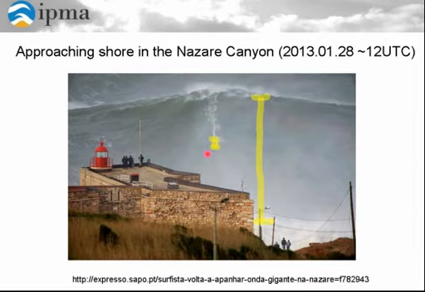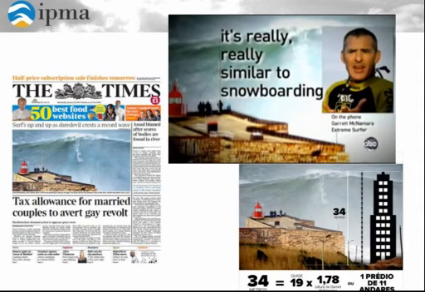Of course, it had a strong impact not only in the Portuguese media, in Portuguese newspapers and TVs, but also around the world. As you can see, the ABC channel, and also this photo appeared on the first page of the Times.